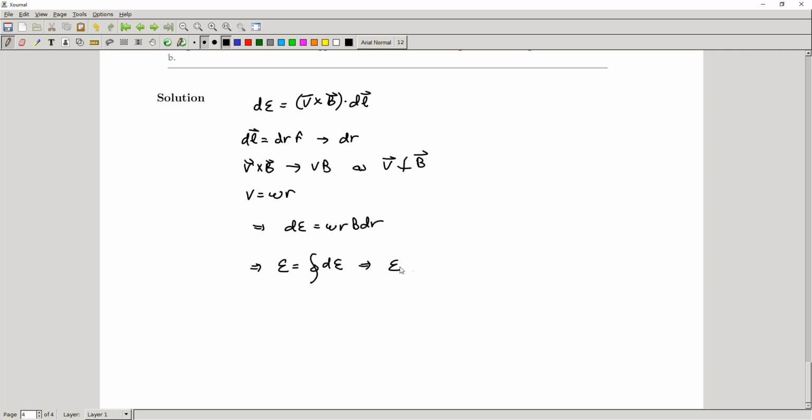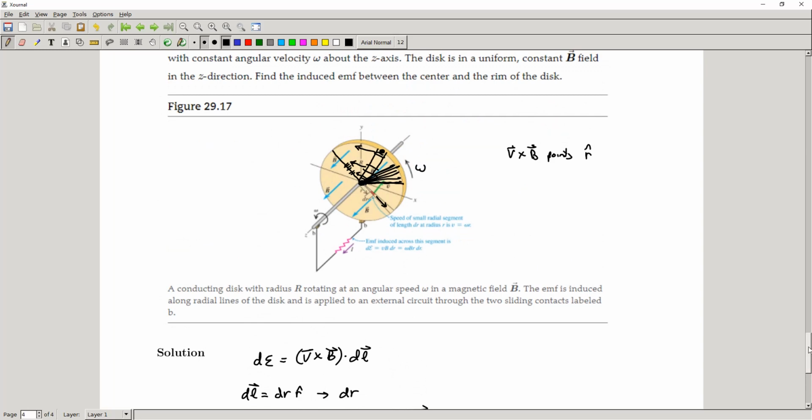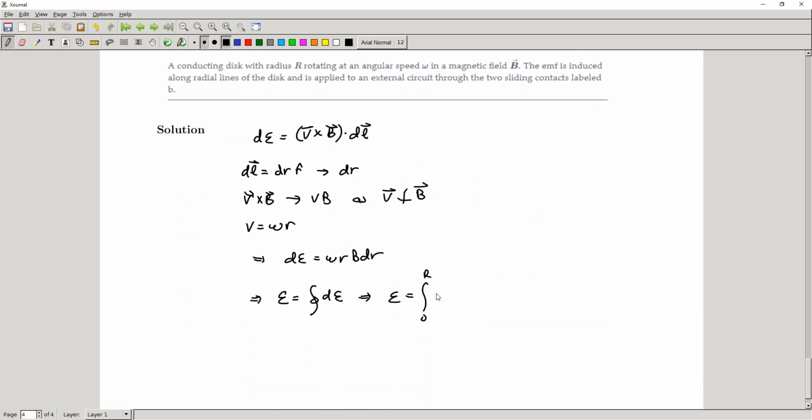And so we're going to end up with E is equal to the integral along our radial line from 0 out to r, just of the expression that we have here, omega r B dr. This can be simplified to omega B, integral from 0 to r of r dr. And if we do that integral, we end up with omega B, and we're going to have an r squared over 2, sorry, evaluated at 0 and r, which is going to give us an expression like this for our motional EMF.